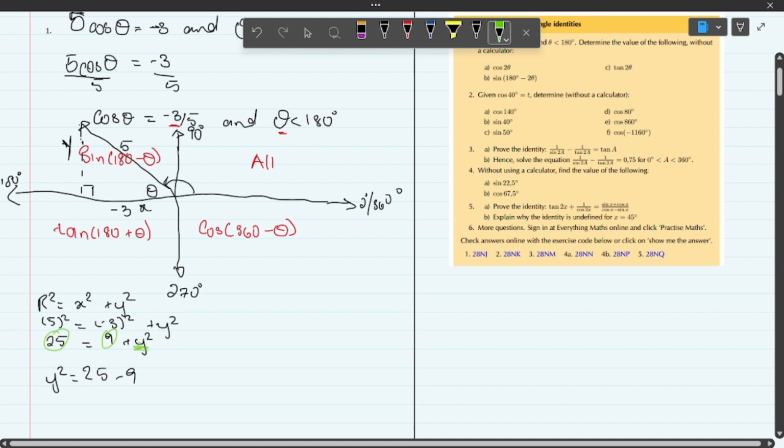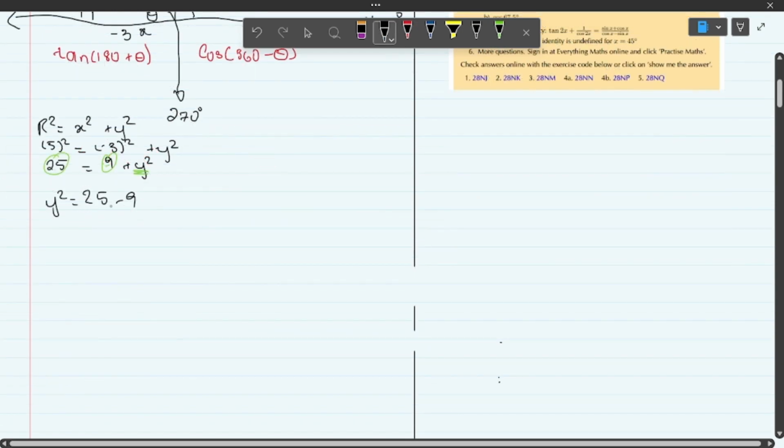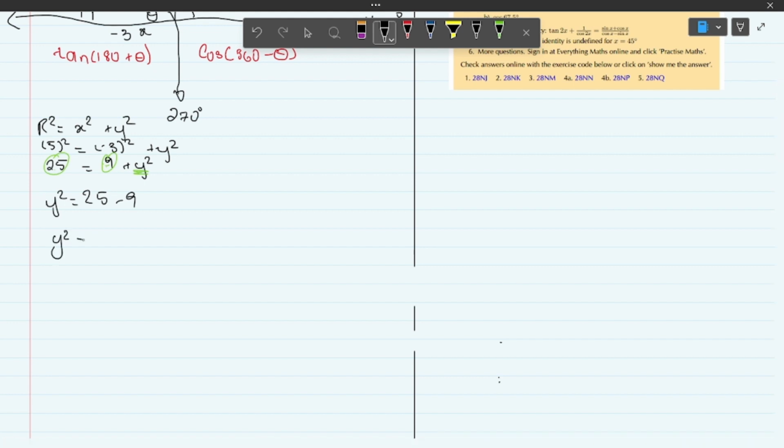So we're going to take 9 and move it to the right hand side. When 9 crosses the equal sign, it becomes negative. So it's 25 minus 9, which is 16.